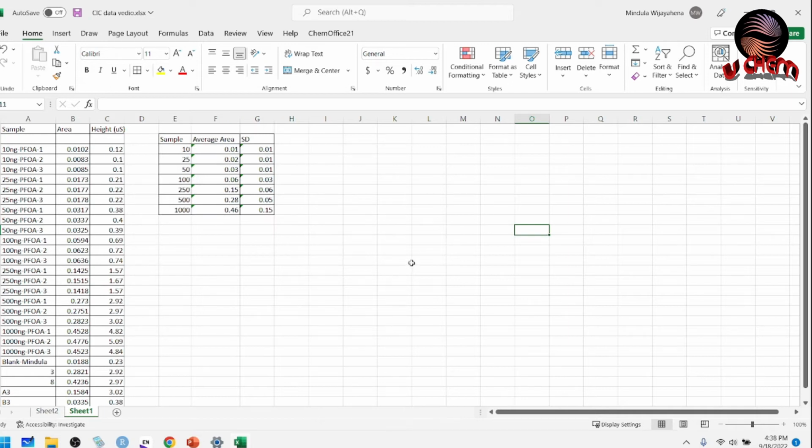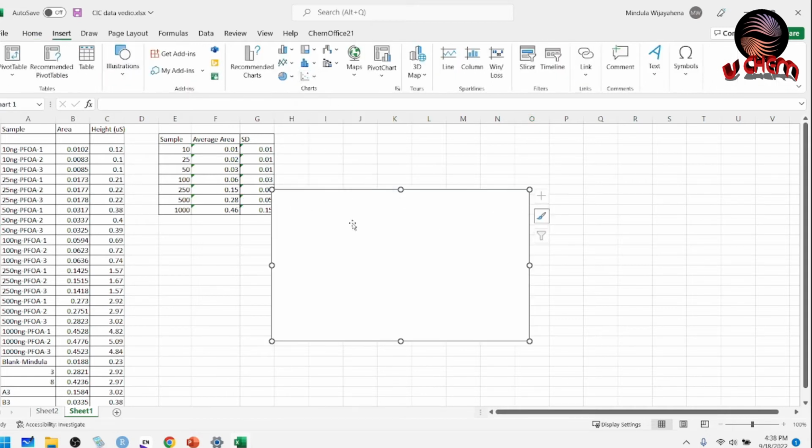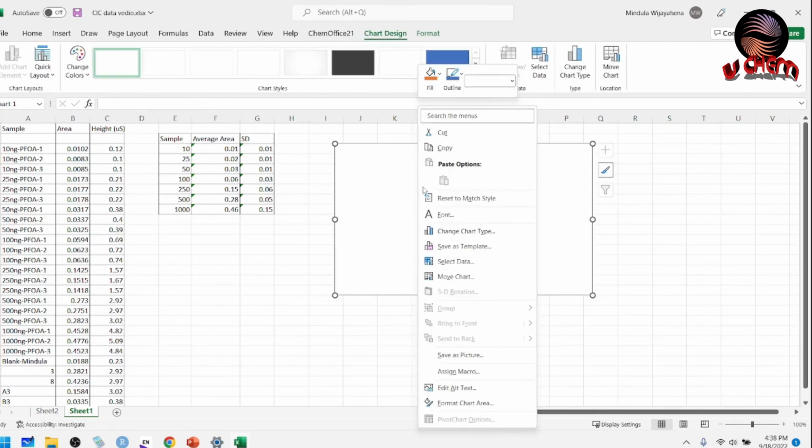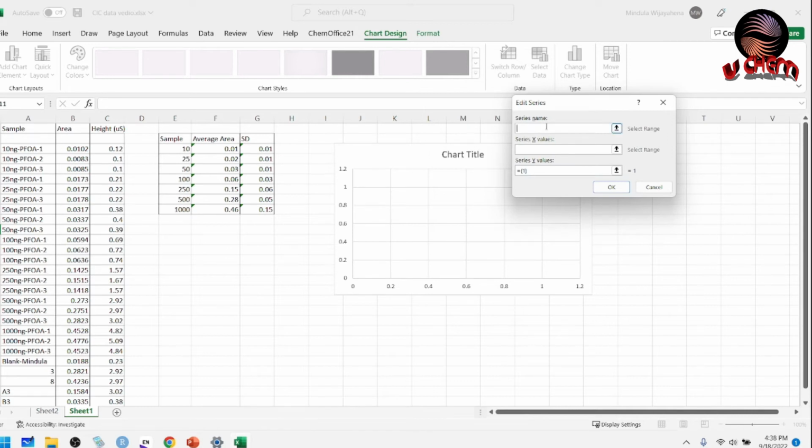See, now we have the data set that we need to prepare the calibration curve. I'm gonna get this one and right click and select data, because I'm gonna add everything step by step, because it's easy to give you this stuff that way and you can understand easily.